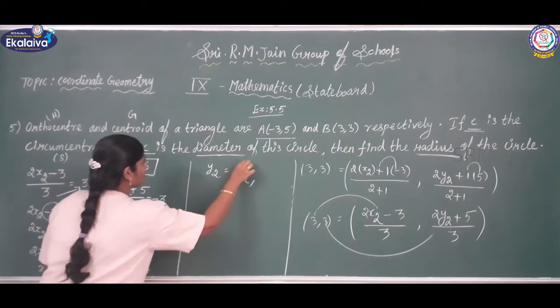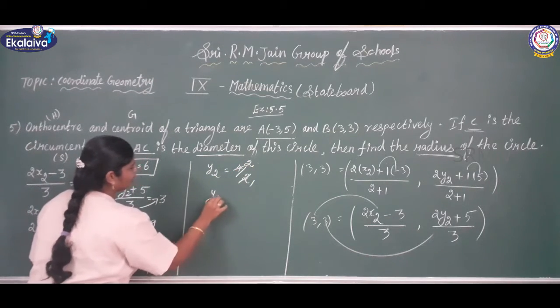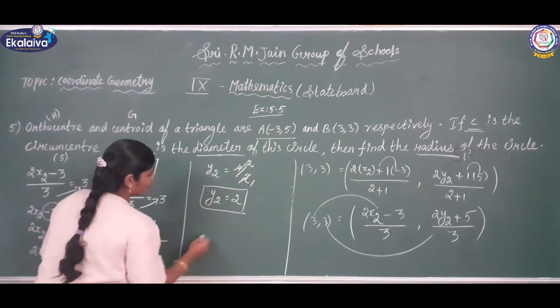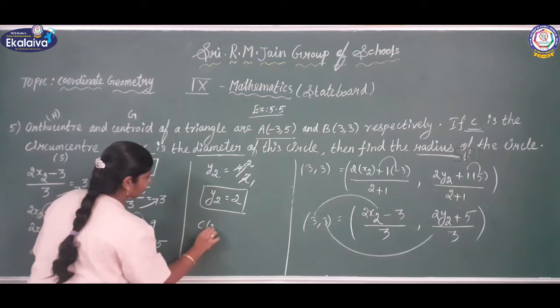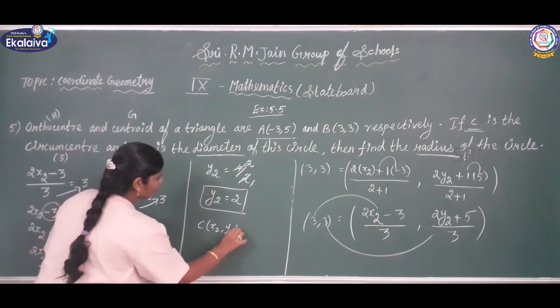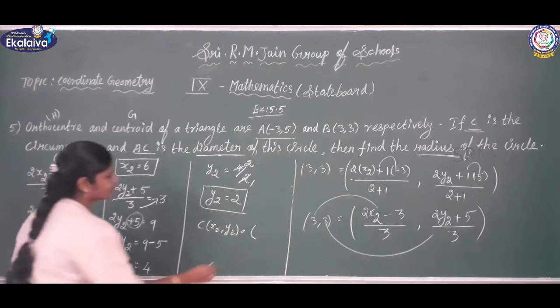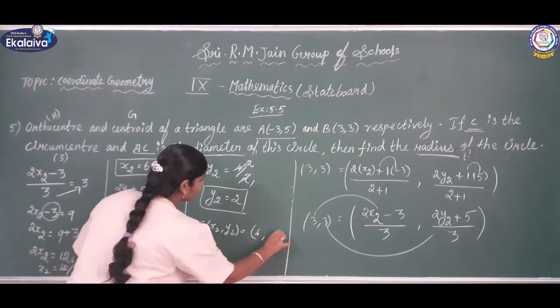When we divide this, what do we get, children? 2. y2 equal to 2. So C of x2 comma y2 equal to x2 value 6 comma y2 value 2.